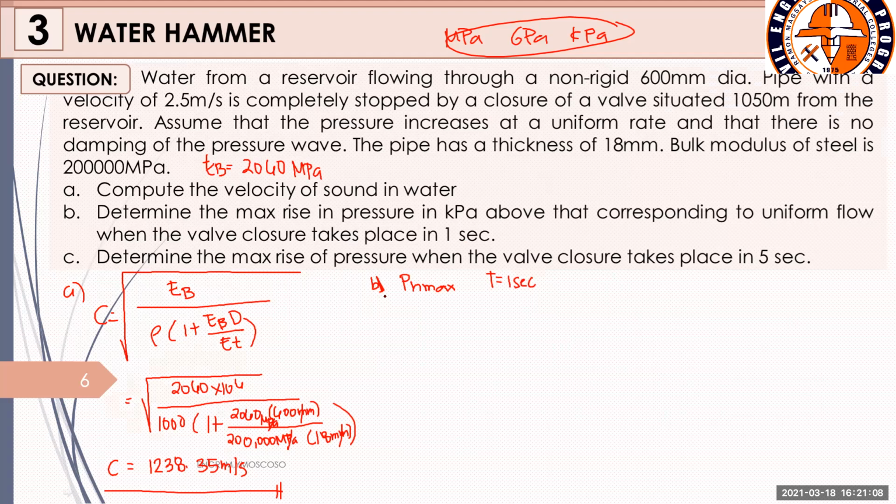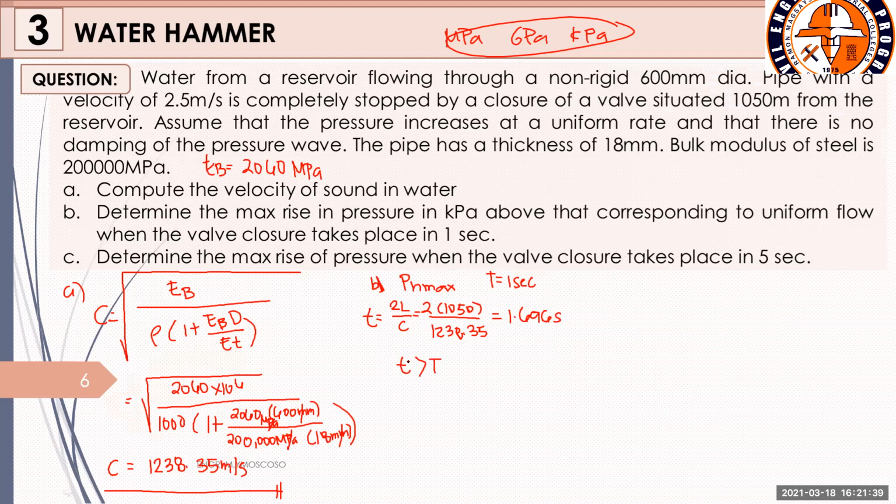Hanapin muna natin yung time of closure natin, having a formula of 2L over C. So you have 2 times 1,050 divided by 1238.35. So ilan yung time natin? That would be 1.696 seconds.